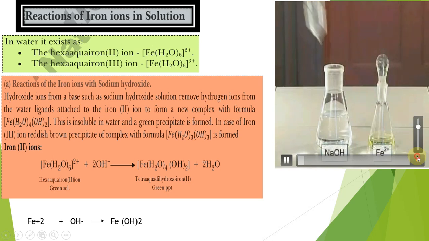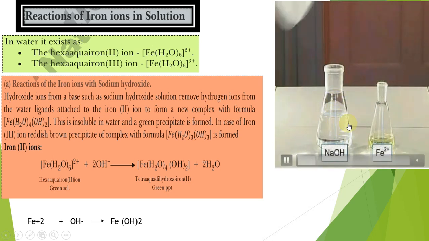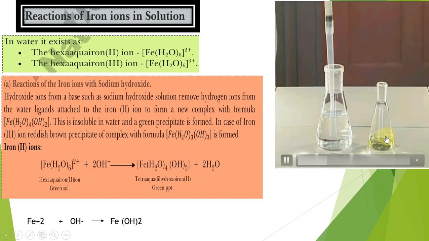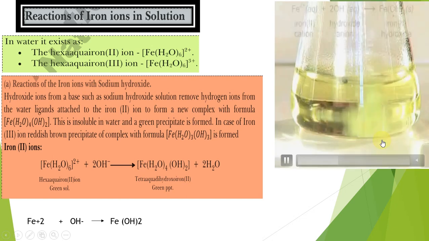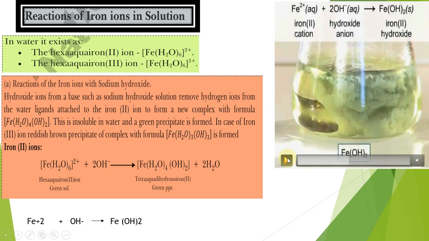If you look here, this is sodium hydroxide solution, and this is iron(II) solution. This is greenish in color and the iron 2+ is soluble in water. Now when I put sodium hydroxide, a greenish precipitate is formed. This complex is formed.